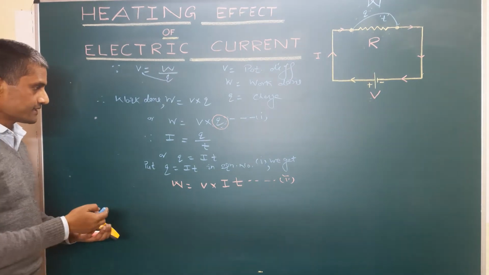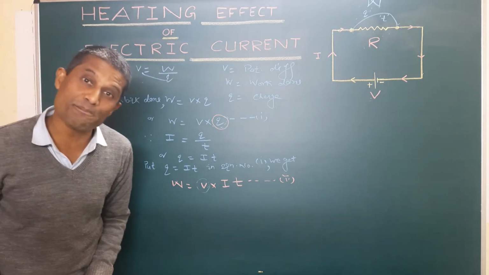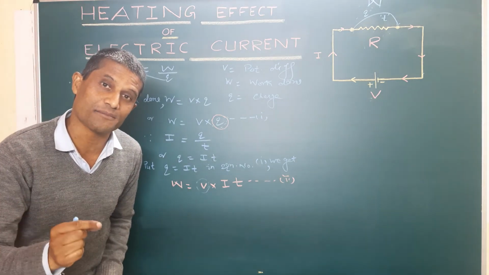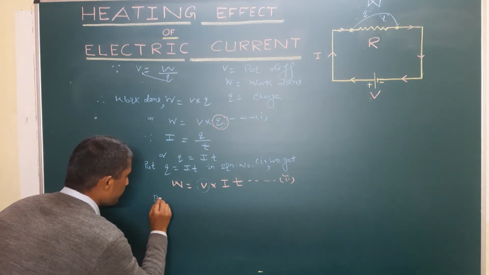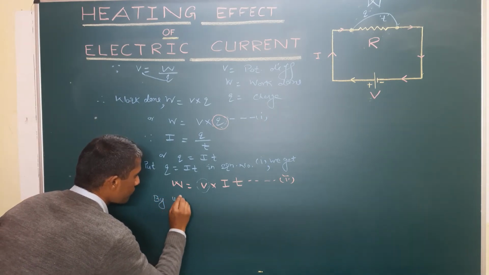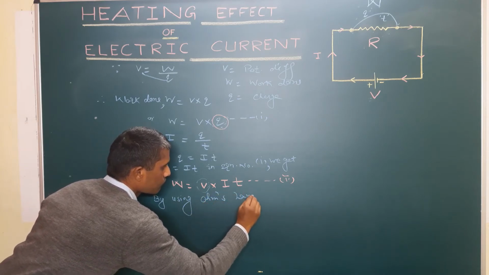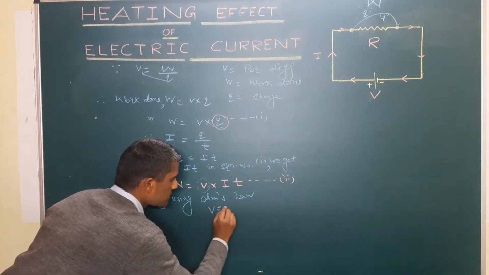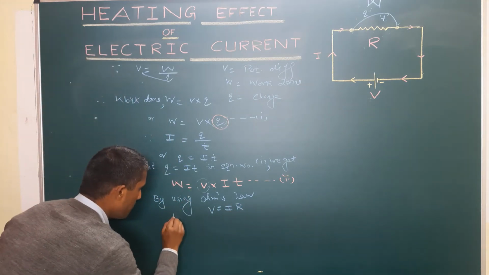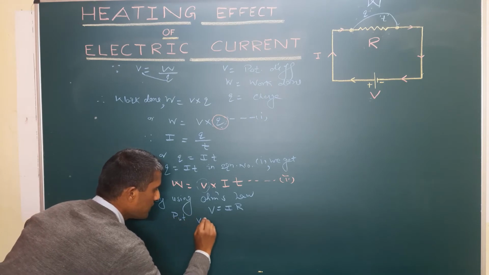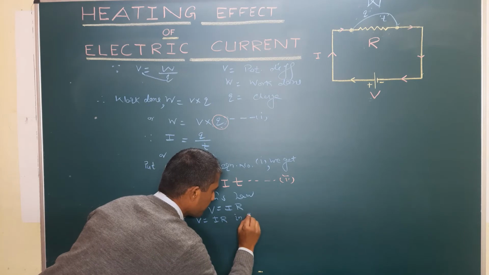That's equation number 2. Next, this is V, and according to Ohm's law, V is equal to IR. We are going to transform it by using Ohm's law, V is equal to IR. So put V is equal to IR in equation number 2.